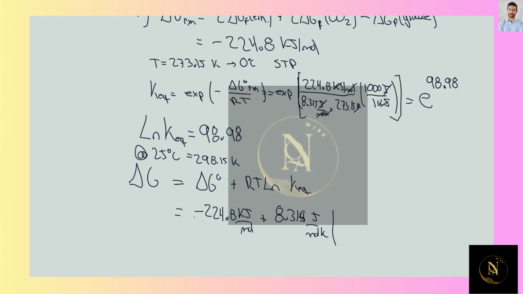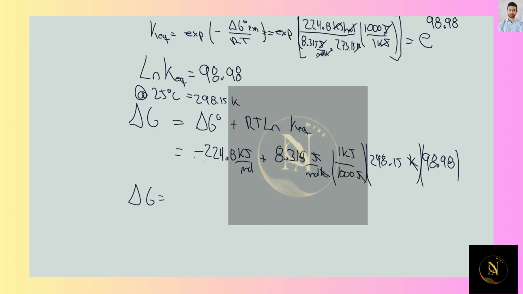We need the conversion factor of joule into kilojoules, so 1000 joules is 1 kilojoule. Now multiply by temperature, which is 298.15 Kelvin. Kelvin and Kelvin are going to cancel out, joules and joules as well. And finally, the logarithm of my equilibrium constant, which we said was 98.98. So with this, the result for delta G is equal to 20.58 kilojoules per mole.